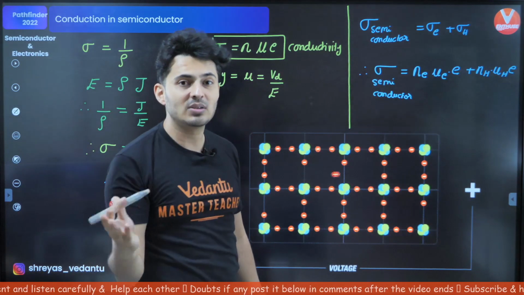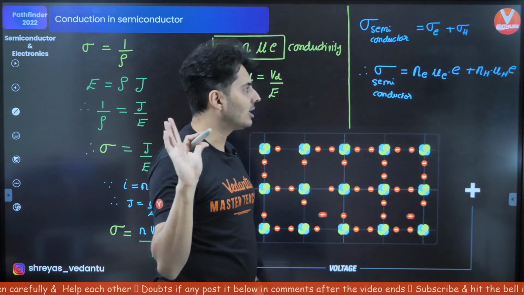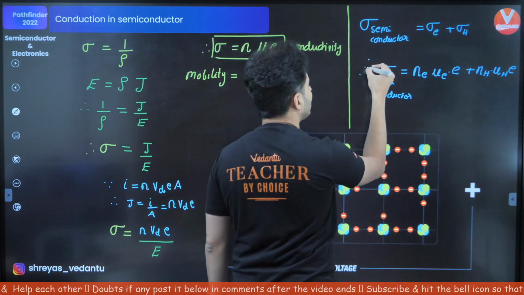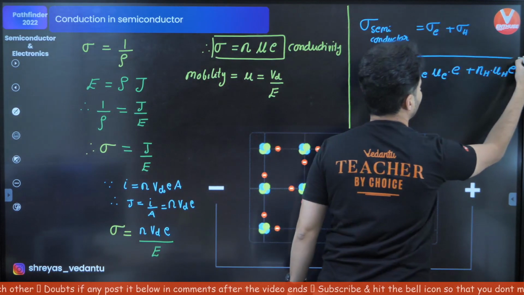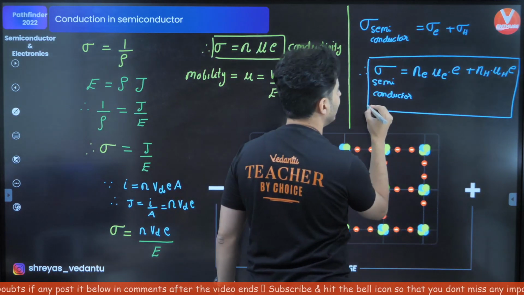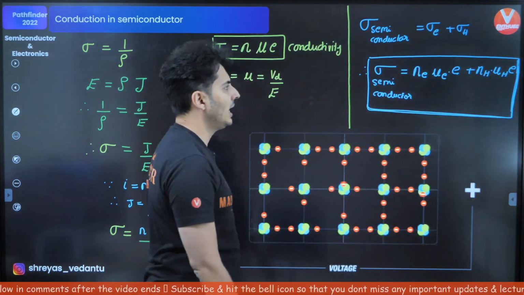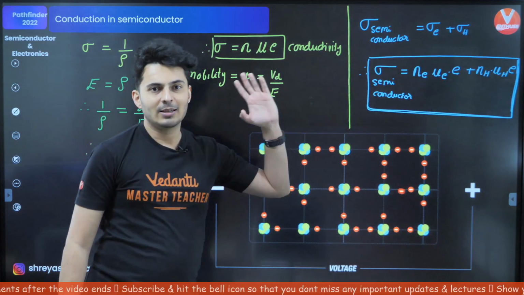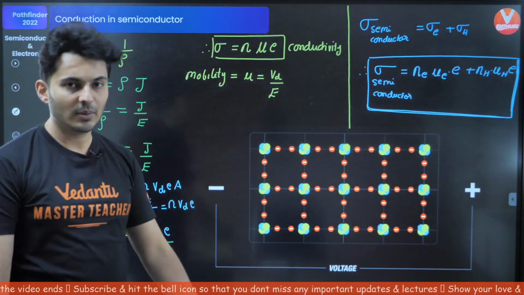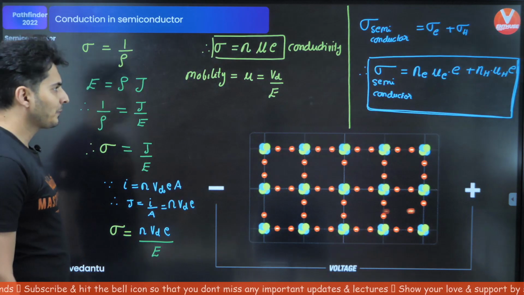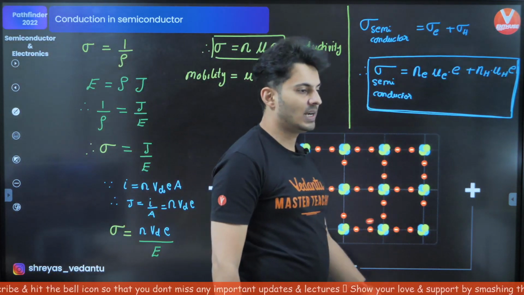Hole is the absence of an electron, that means plus e charge. Hence, this becomes your final formula. Very, very important. Keep this in mind. Sigma of this plus sigma of that. Is that clear, my warriors? Very, very important formulas that you have learnt.